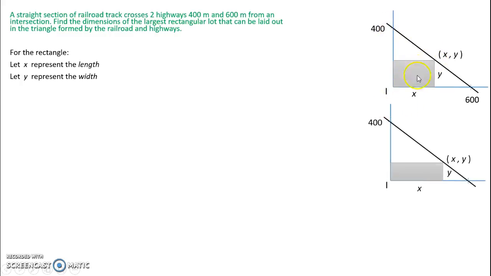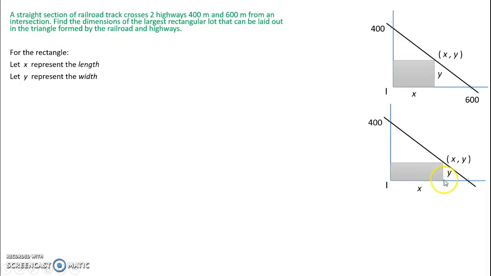Now, maybe the rectangle doesn't actually look like this. Maybe the maximum area would be achieved if it looked like this. We don't know yet what it's going to look like, so this is just another scenario.